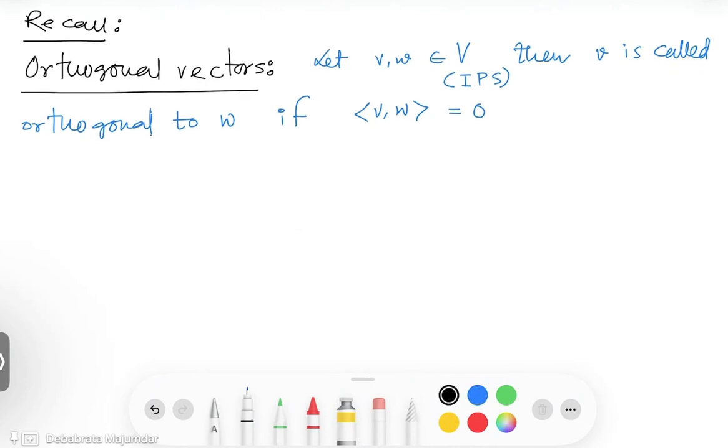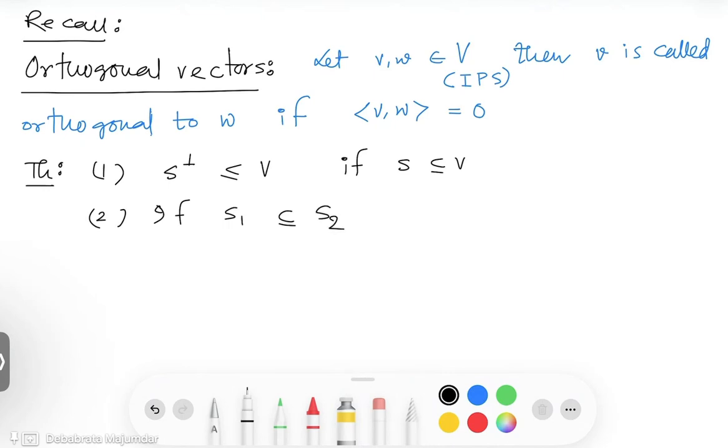Now, recall this kind of theorems. S perp will be a subspace of V if S is a subset of V. Second thing, if S1 is a subset of S2, it will imply S2 perp is a subspace of S1 perp. It gets reversed, okay? Third, I already told you, S perp is equal to LS perp.